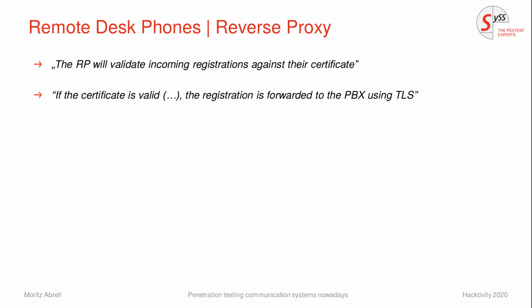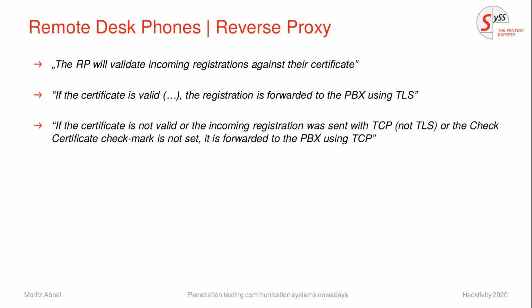Okay, go for it. But the next sentence in this documentation is the following. If the certificate is not valid or the incoming registration was sent with TCP, not TLS, or the check certificate checkmark is not set, it is forwarded to the PBX using TCP.